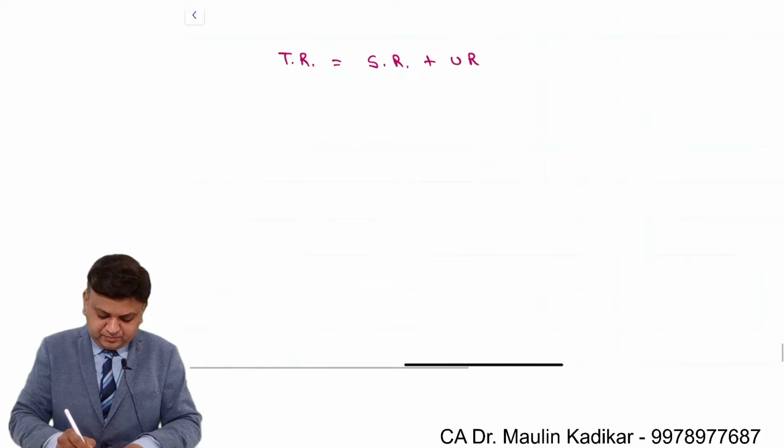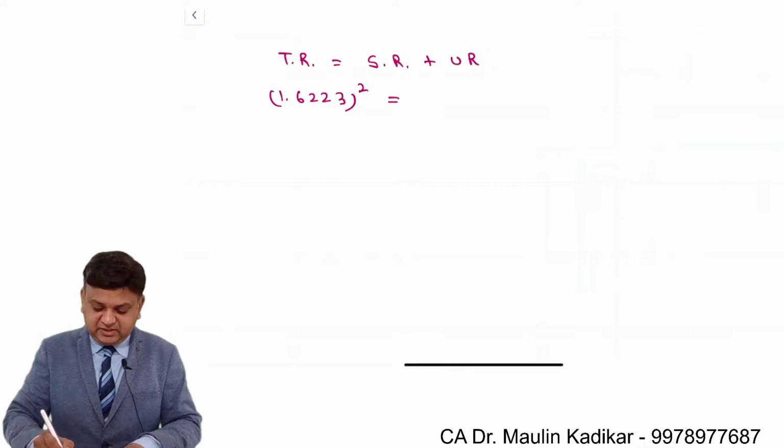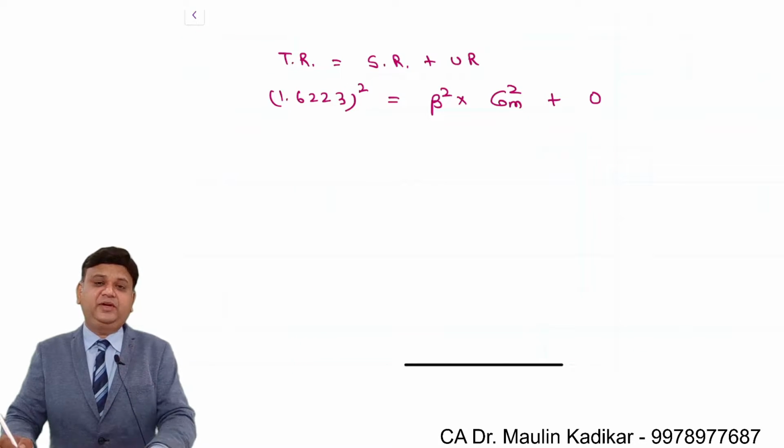1.6223 raised to 2 is equal to systematic risk, that is beta square into sigma m square, plus unsystematic risk, which is 0. Why? Because the question is providing the information that it is fully diversified.